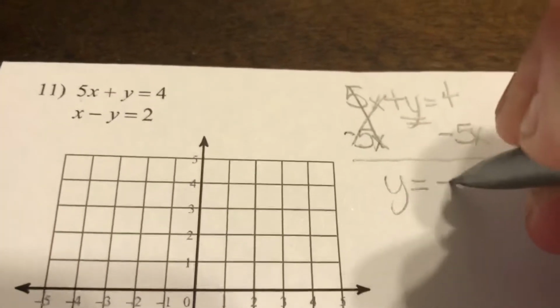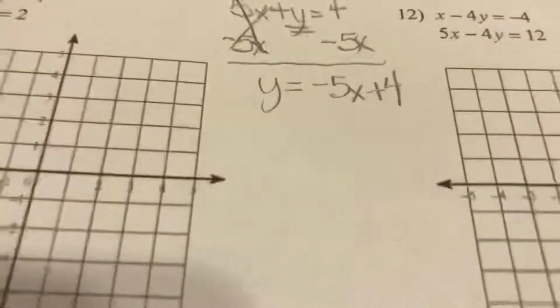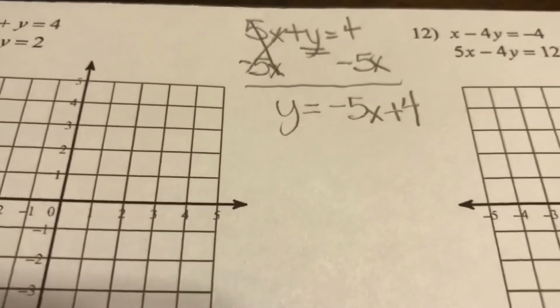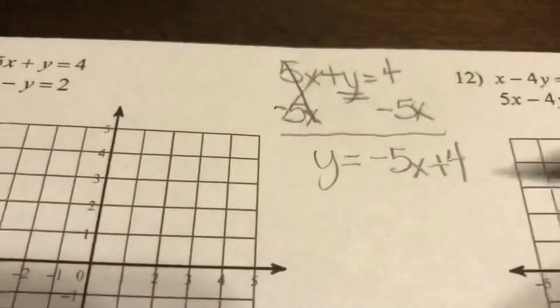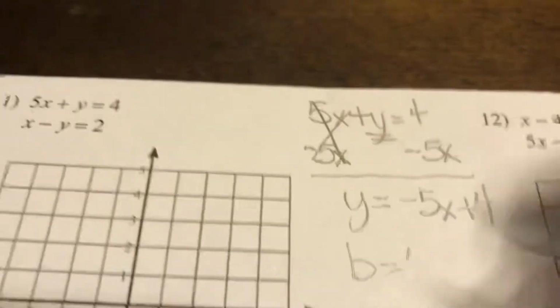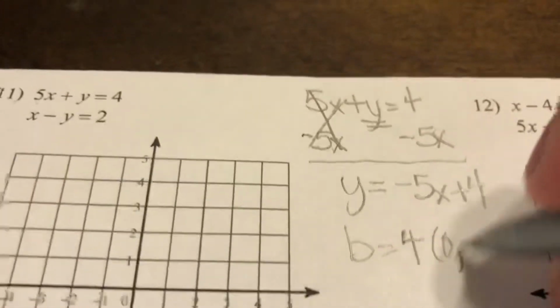And it's going to be negative 5x plus 4, which brings it right back into that y equals mx plus b. And so I can go ahead and find my b, which is this 4 right here. So I know I'm going to have a point at (0, 4).